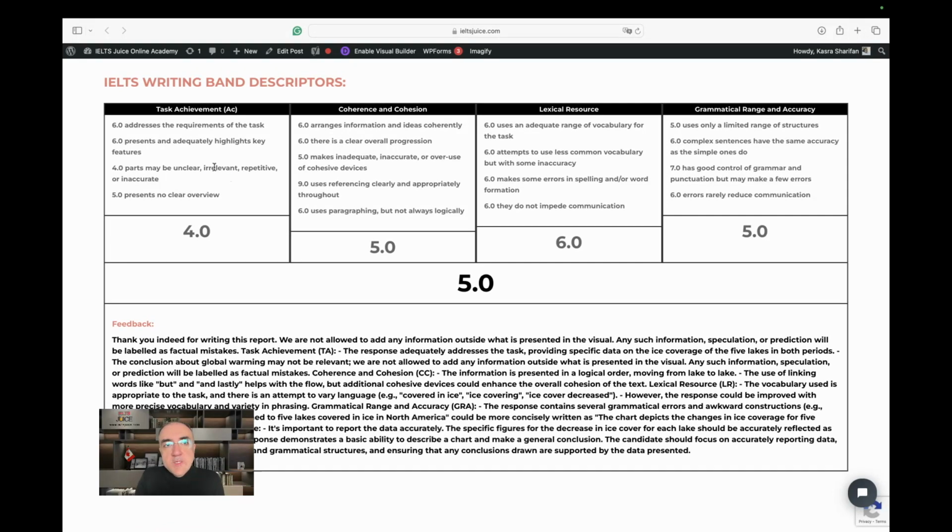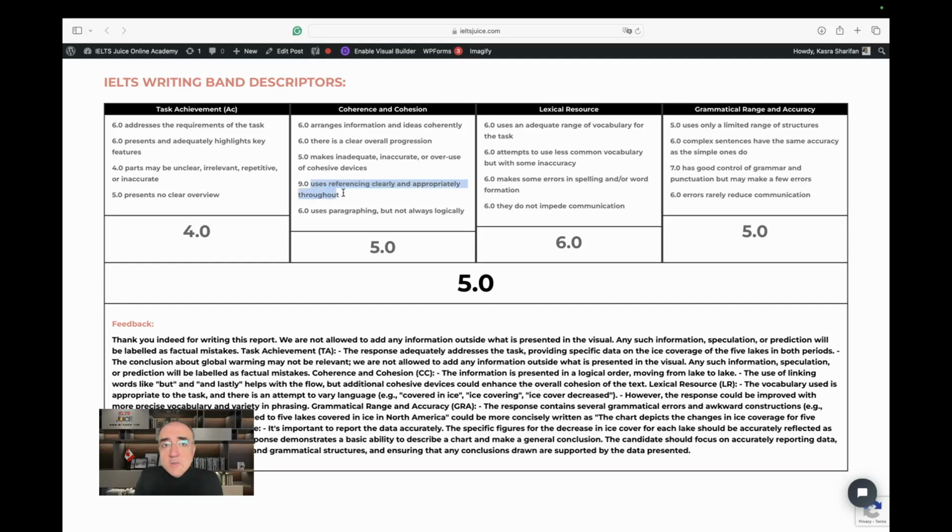Yeah. Irrelevant information, inaccurate information, repetitive to some extent. Definitely 4 in task achievement. Coherence and cohesion, we basically had, for our discourse markers, and, but. Nothing else. I didn't pick up any referencing issues though.